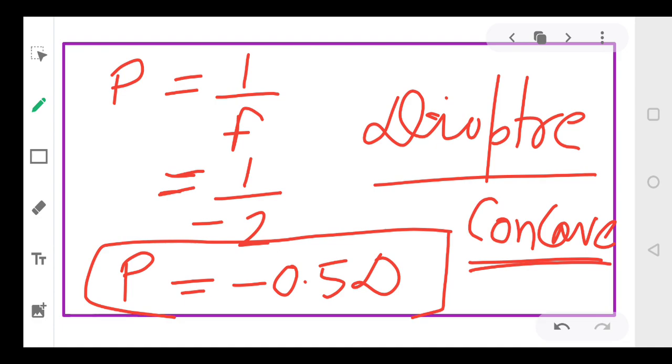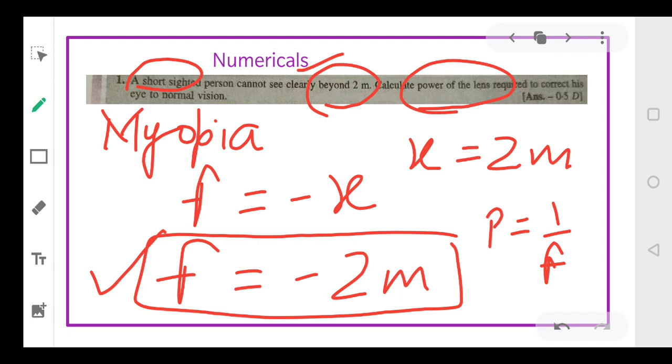Okay, everyone? Just see it again. The person is having myopia, so the person can see nearby objects clearly, but will have a problem in seeing far objects. So x given is 2 meters, and our formula is f is equal to minus x. So f is equal to minus 2 meters, so focal length is minus 2 meters.